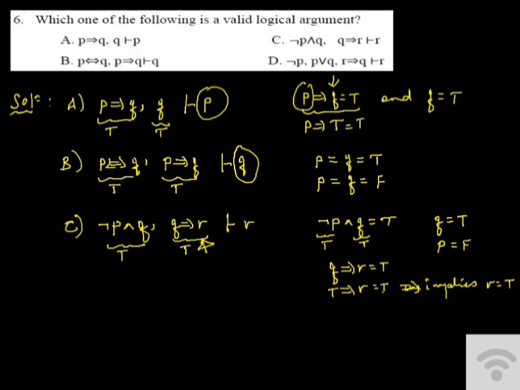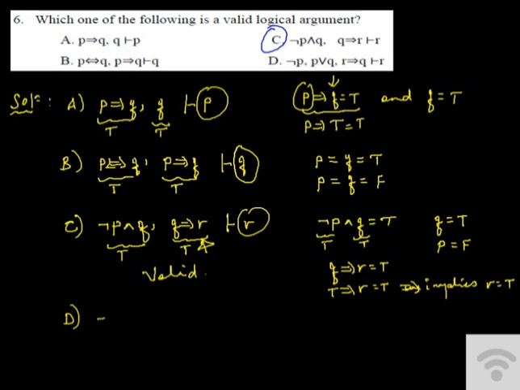If R is false, the premises will not be true. So R is true means the conclusion is true. Therefore, this is a valid argument. The choice in C is our answer. We can check that D is invalid, or we cannot draw a conclusion from the premises.